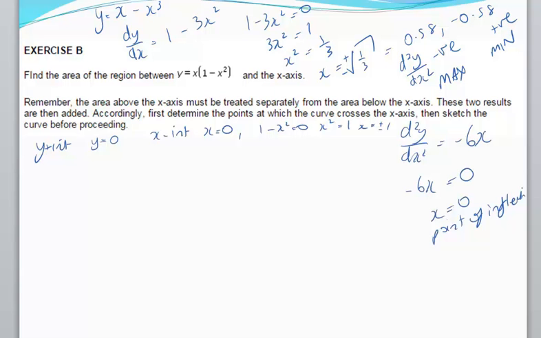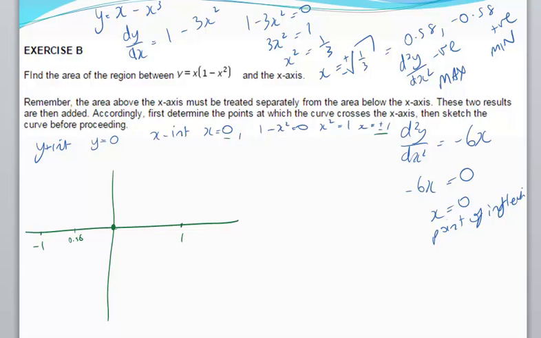So if we draw this up as a curve, we'll draw it in green so we can find it here. We know we cut through our y-axis at y equals 0, and our x-axis at 0 and plus and minus 1. So we'll say here's 1, here's minus 1. We have a maximum at 0.58, so that's going to be about here.